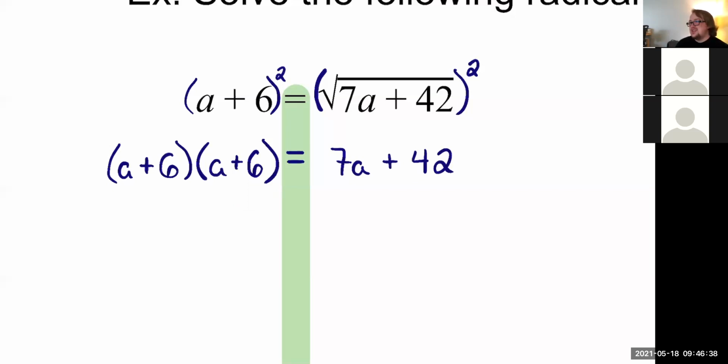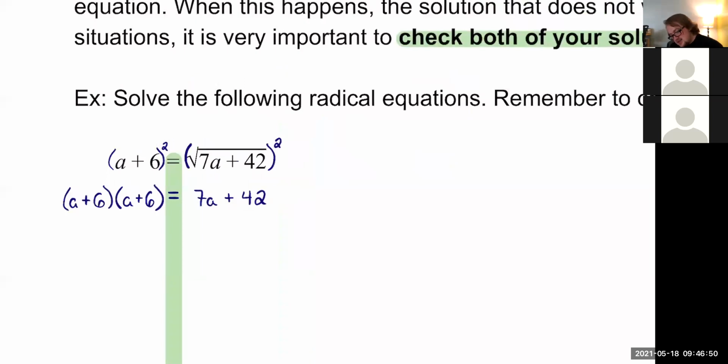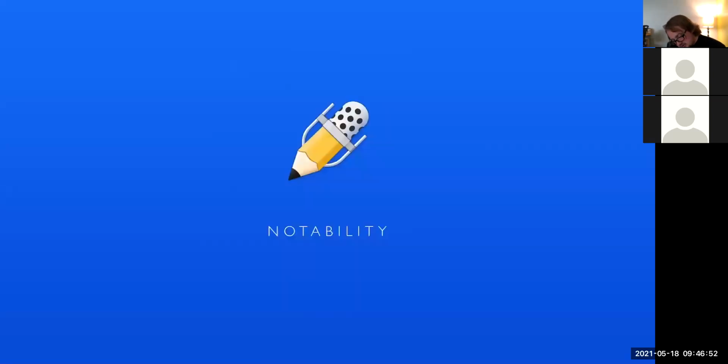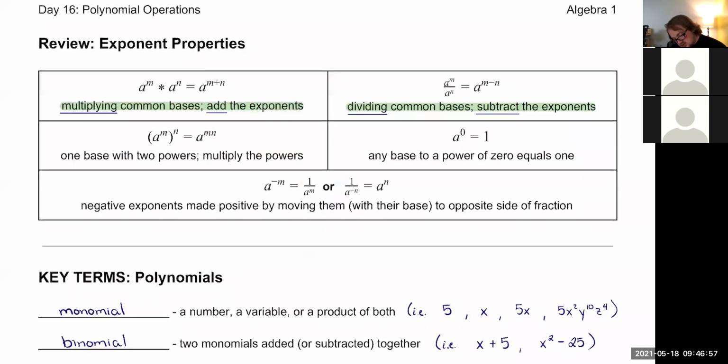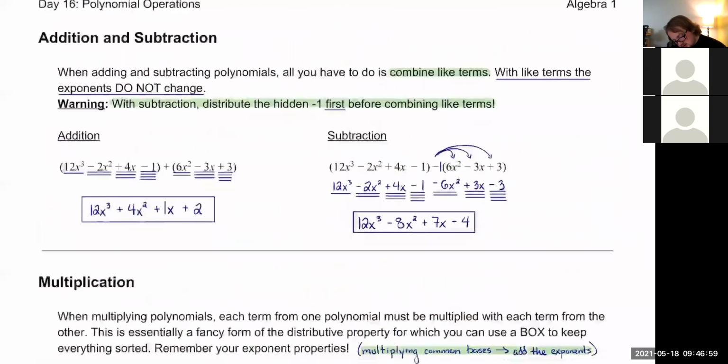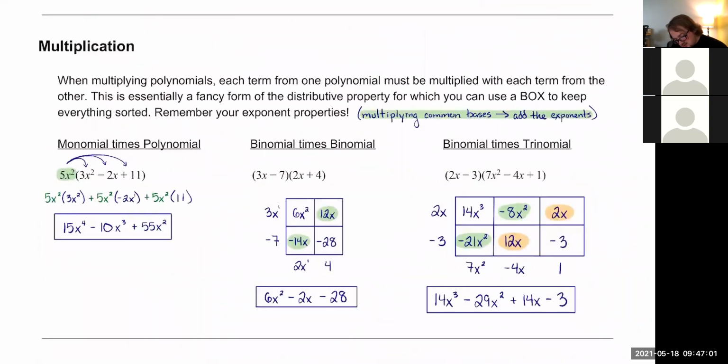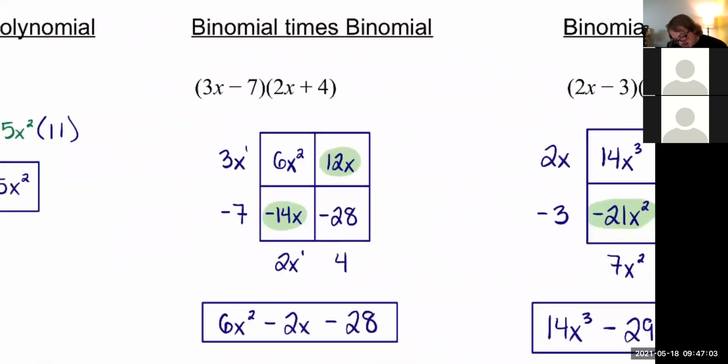Now, Harmony said 36 and a squared. We got 2 of the 3 terms, but what you have forgotten is that when you multiply 2 binomials together, well, let's see. If I go all the way back, this is why I usually suggest keeping your notes all the way back to polynomial operations, multiplication, binomial times a binomial.